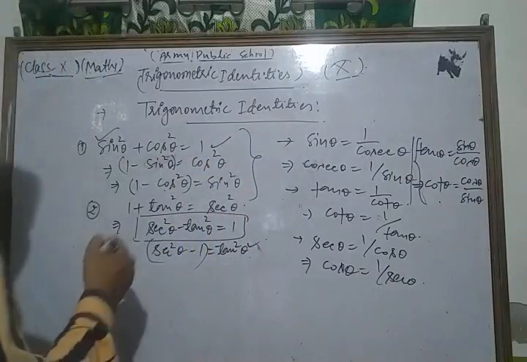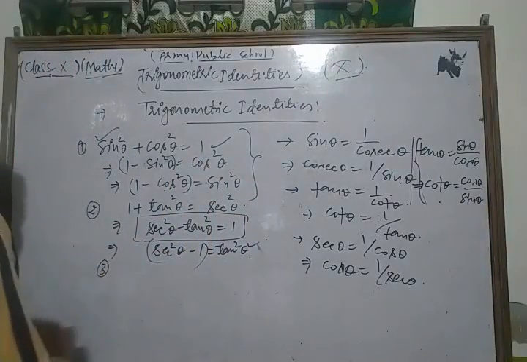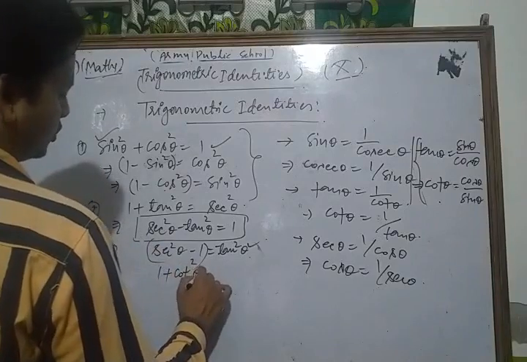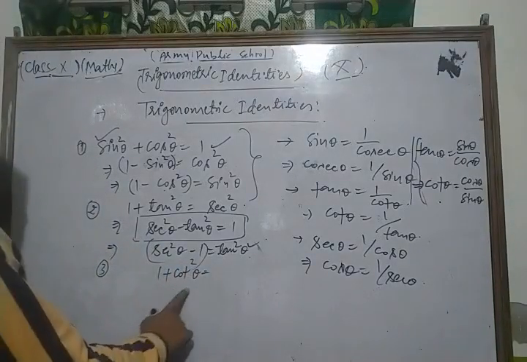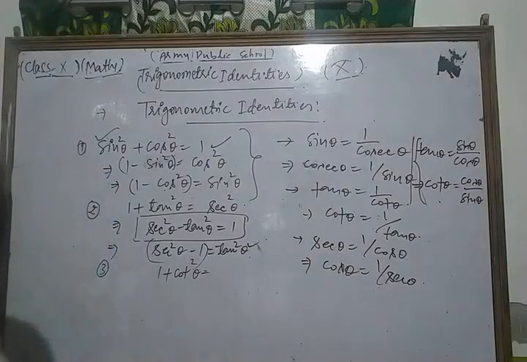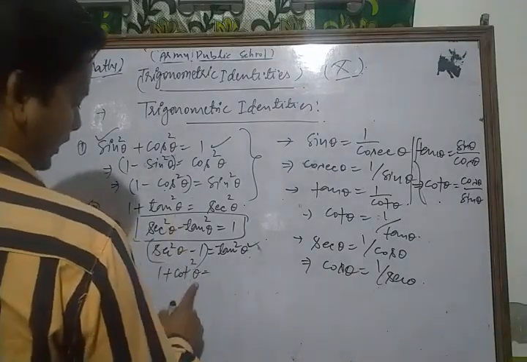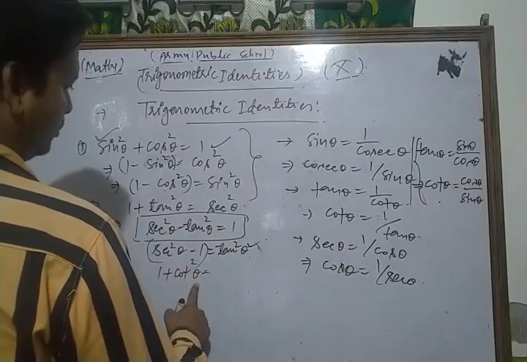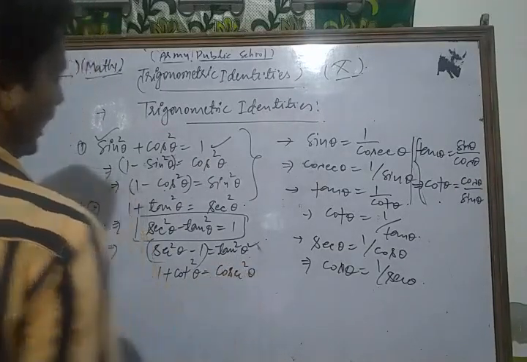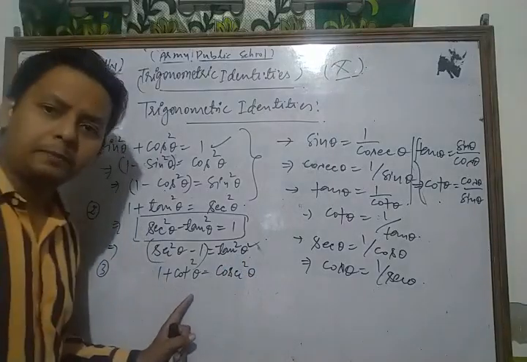Now next one, 1 plus cot square theta. Yes, 1 plus cot square theta is equal to what? 1 plus cot square theta is equal to cosec square theta. And from there we also find a very important relationship.